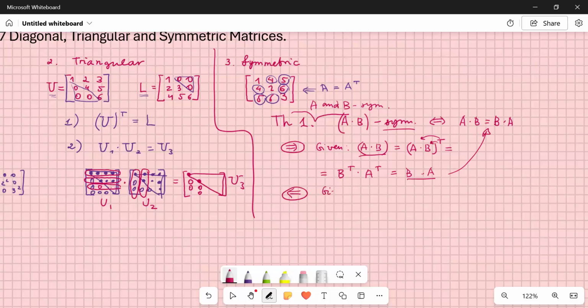Given AB equals BA. I need to prove that it's symmetric, means that AB equals AB transpose. So since B and A are both symmetric, I'm going to put B instead of B transpose, and A instead of A transpose. A and B symmetric.